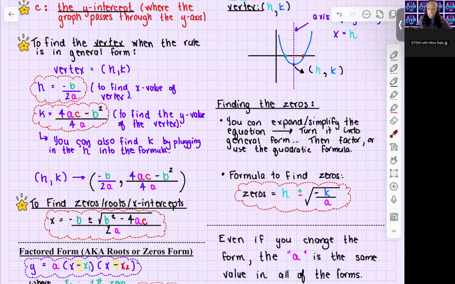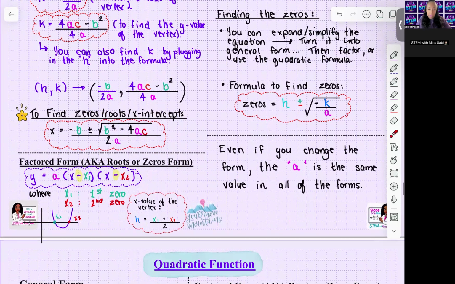Just like I said before, it doesn't matter what form you have, that a remains the same, and it's important to note that. So again, let me repeat myself: no matter what form you have, the a is the same.